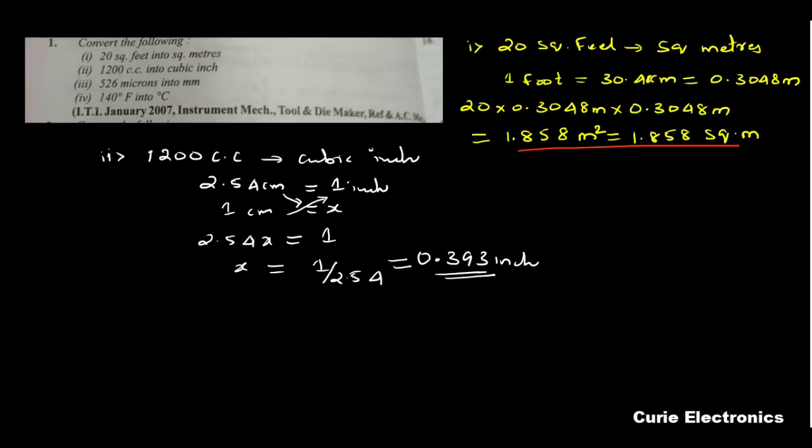Okay, now what we have to do is convert 1200 cubic centimeter to cubic inch. Now with the conversion factor, I will multiply 3 times. That is 1200 multiplied by 0.393 multiplied by 0.393 multiplied by 0.393, because it's a volume.